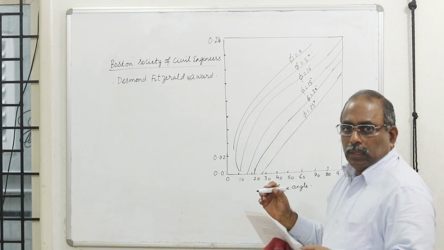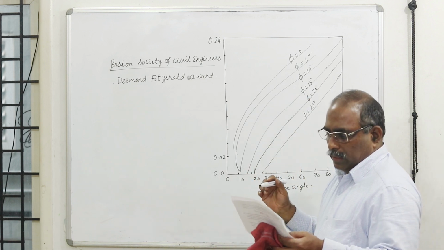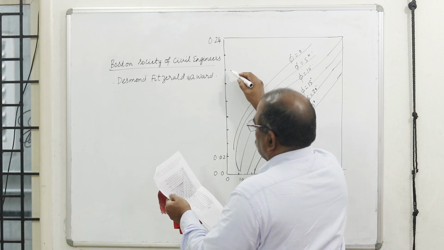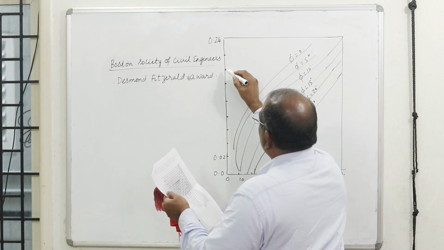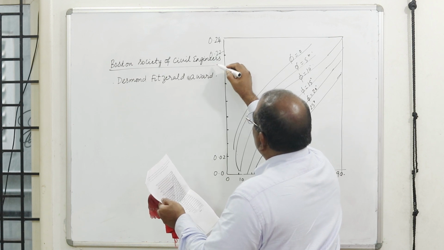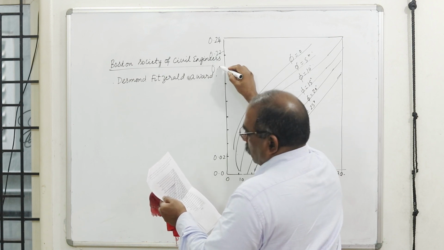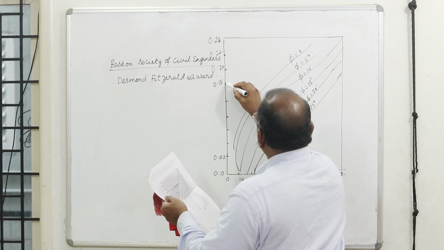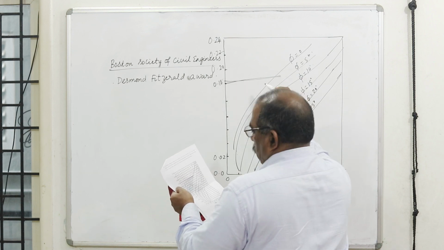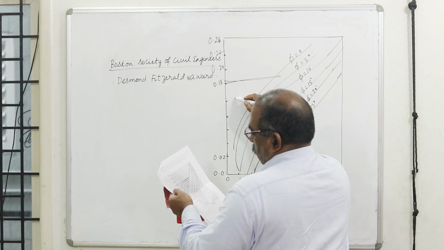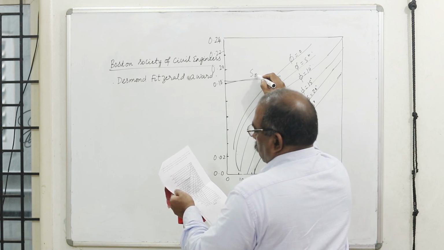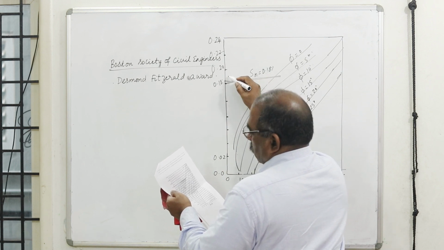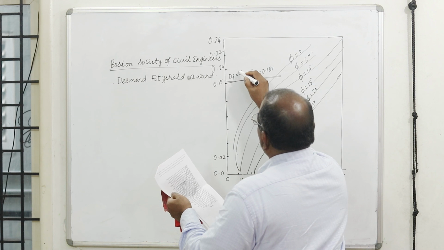Like this, he developed the chart, and the depth factor is also given here. For the depth factor, somewhere it is 0.22, 0.2, 0.18. Here a horizontal line is drawn, which means Sn equal to 0.18 is the maximum value, for d f equal to infinity.